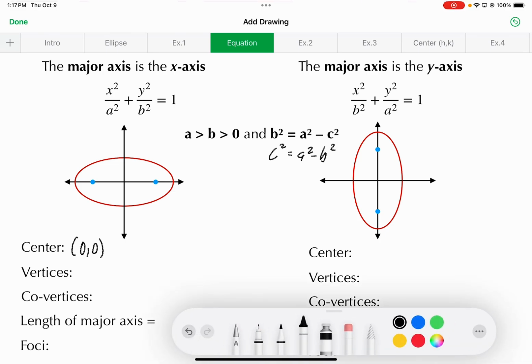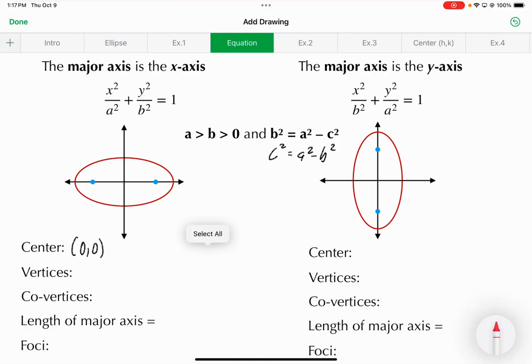All right, let's talk vertices. Which axis were my vertices on again? Major or minor? Major, okay. So these are my vertices. What letter could I use to represent this in relation to my equation? A, right? So it would be a, 0 and negative a, 0. Let's write that: plus or minus a, 0 are the coordinates of my vertices. What about my co-vertices?